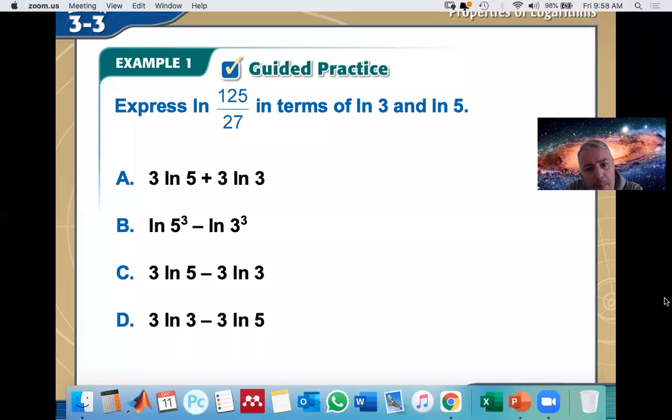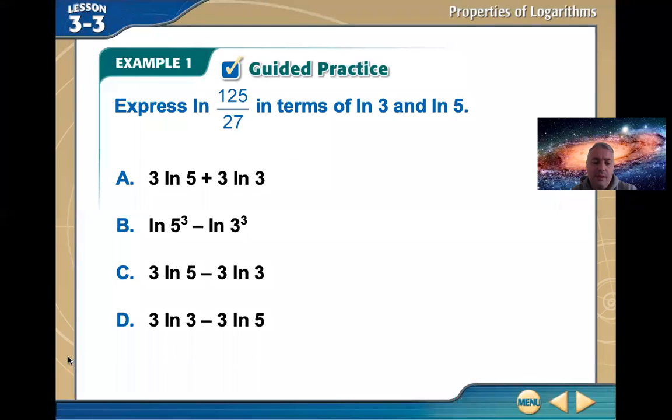Let's see. It seems the answer is C. Right? It seems C. Let's have a look together. Why C? Let's think.